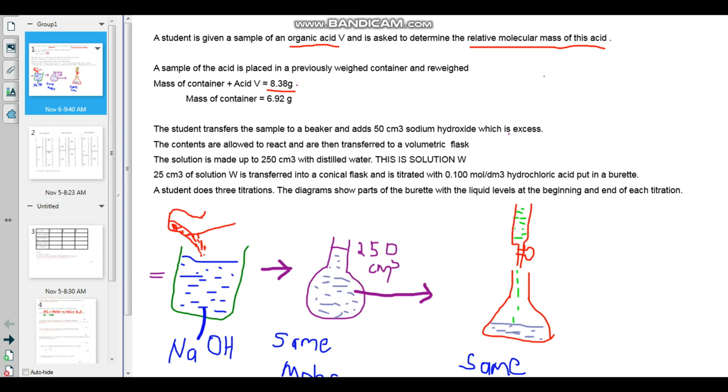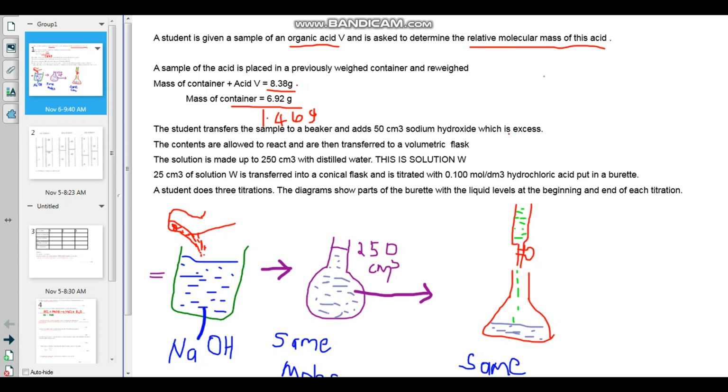The mass of the container alone is 6.92 grams. So this means that the mass of the acid is 1.46 grams, obtained by subtracting the mass of the container from the mass of the container plus the acid.